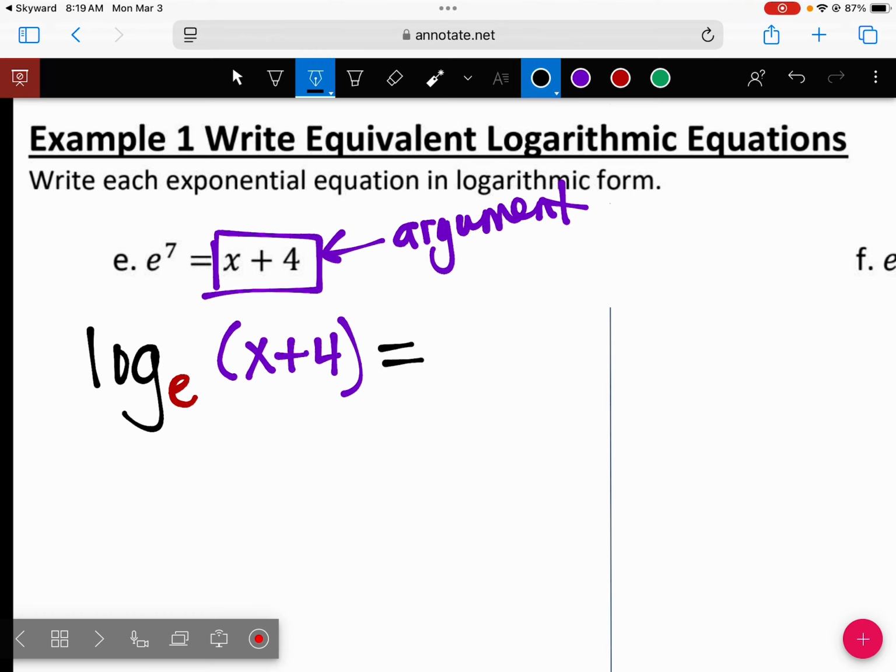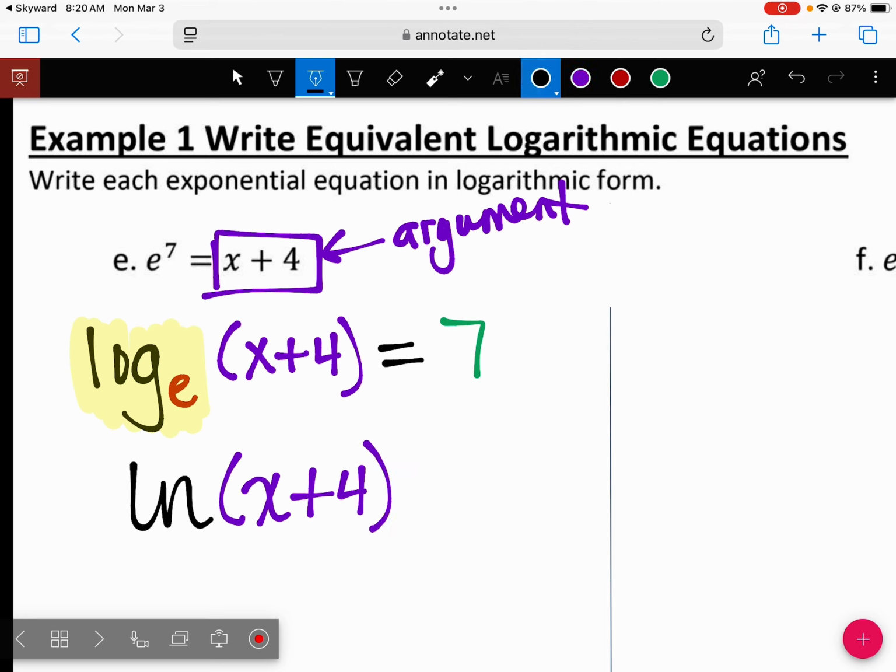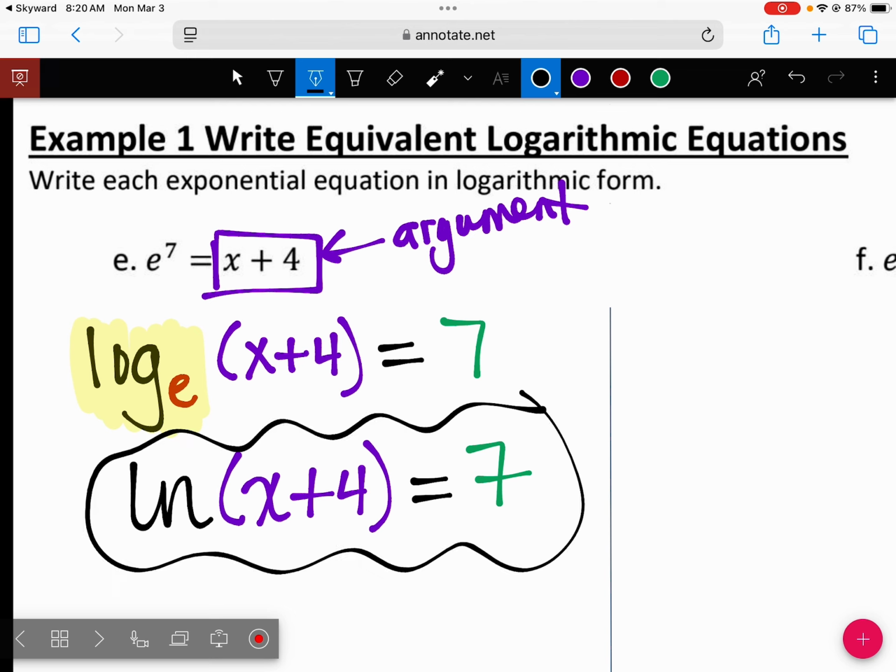And that equals our exponent, which is 7. This becomes a natural log because that's what a log base e is. And this would be my final answer. All right, go ahead and try to do F.